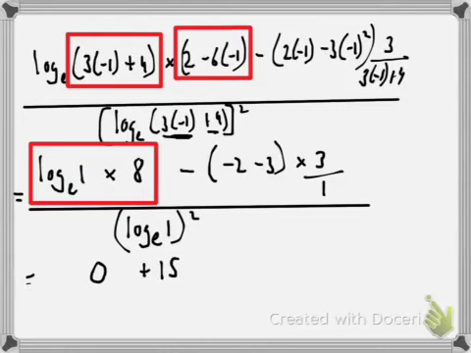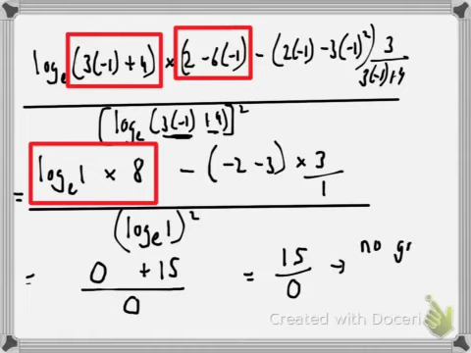Now, on the denominator, we've got naught squared, so we're going to get naught there as well. So we've got a situation here where it's 15 over naught. So that's undefined. So no gradient. Gradient is undefined at x equals -1.